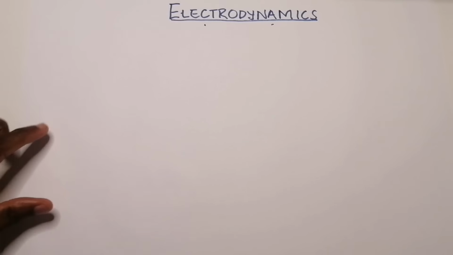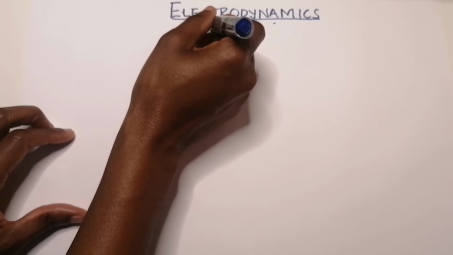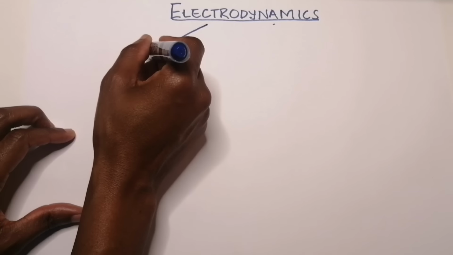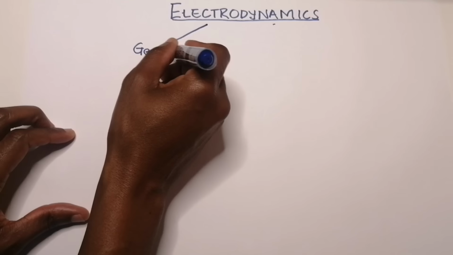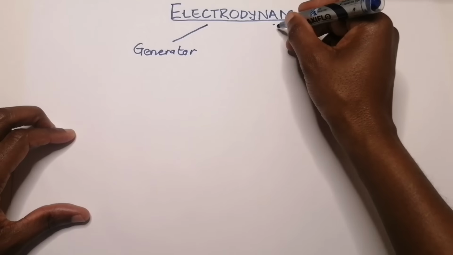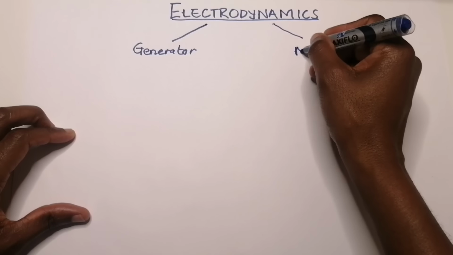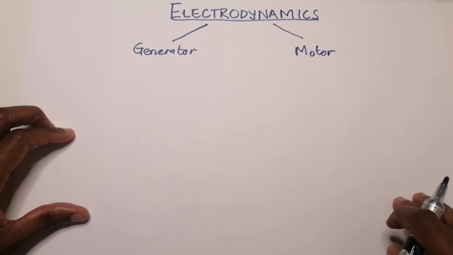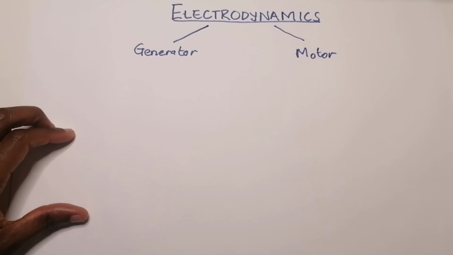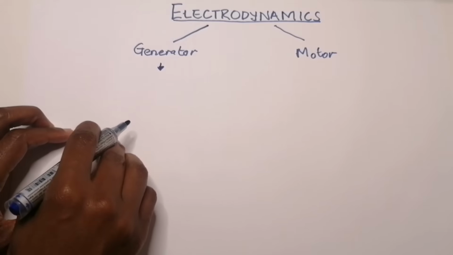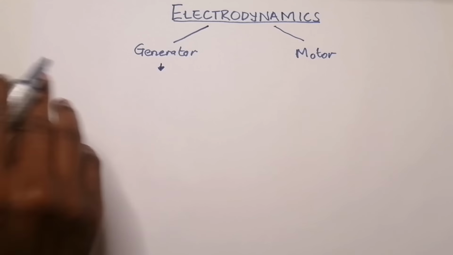The first device that we are going to talk about is a generator, as well as a motor. Those two devices are electrodynamic devices, but their energy conversions are different.